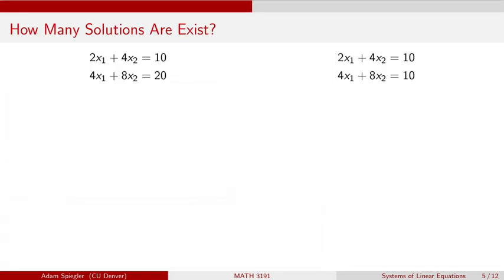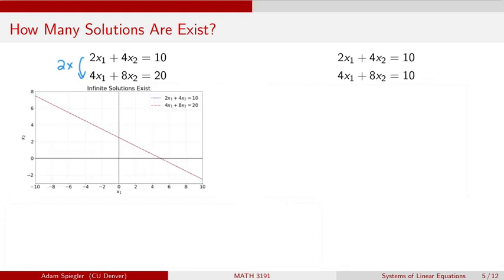The example we just took a look at had one unique solution to that system. Here are two additional systems of linear equations, two linear equations in terms of two variables. Let's consider this one over here. If you look at these two equations, it's actually just the same equation written two times. We multiplied the top equation by 2 to wind up with the second equation.